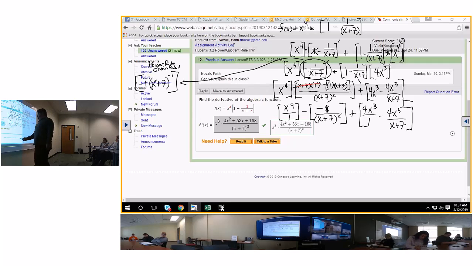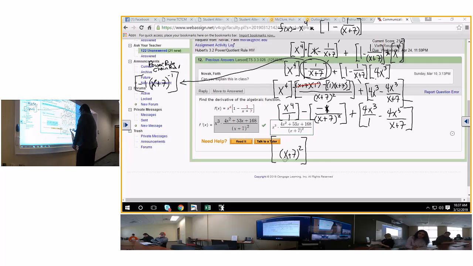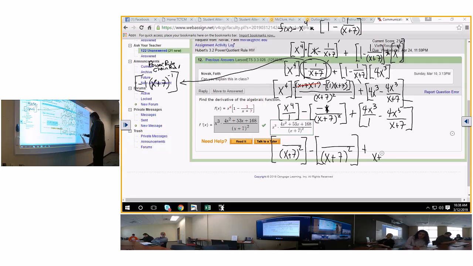So x plus 7 quantity squared minus, I'm going to put that in brackets because we got to change it, minus x plus 7 quantity squared, we don't have to change that one, but I'm going to just put it in brackets for right now, plus x plus 7 quantity squared minus x plus 7 quantity squared.